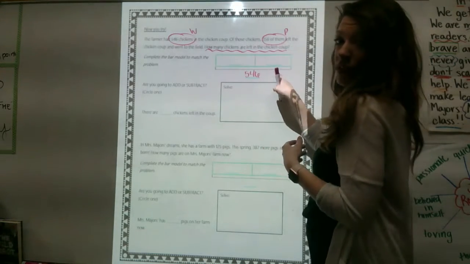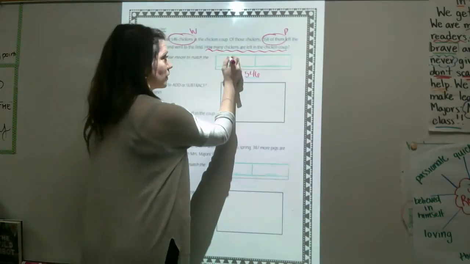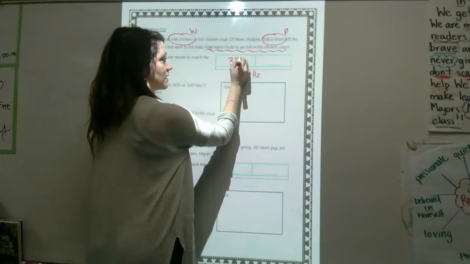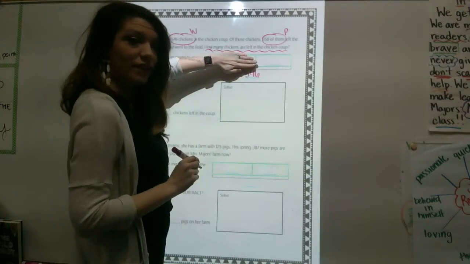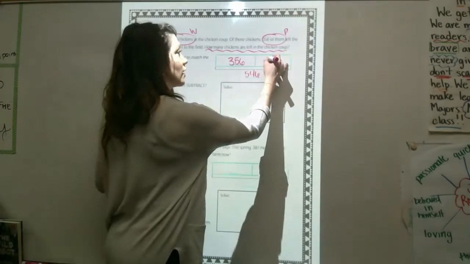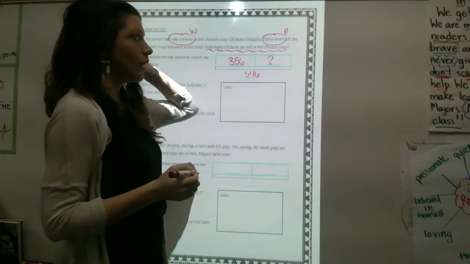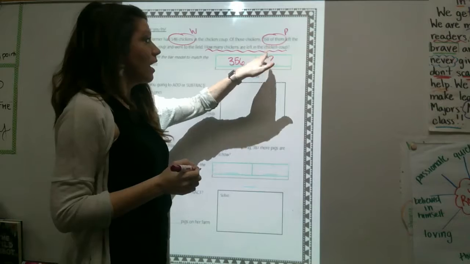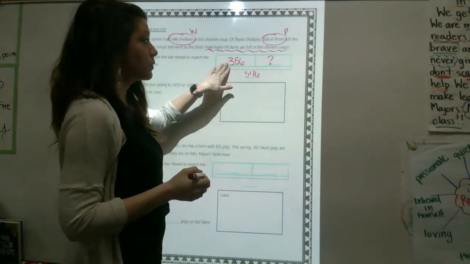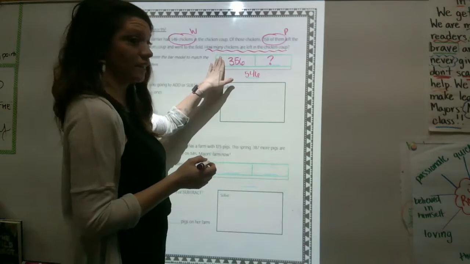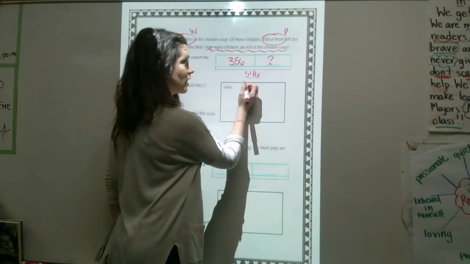That's all the chickens that we're dealing with. And then part of them left the coop. So that part is 356. So I need to take away this 356 to figure out how many chickens are left. So I have to take my whole and subtract my part, the chickens that left. And my answer will be the chickens that are still there.